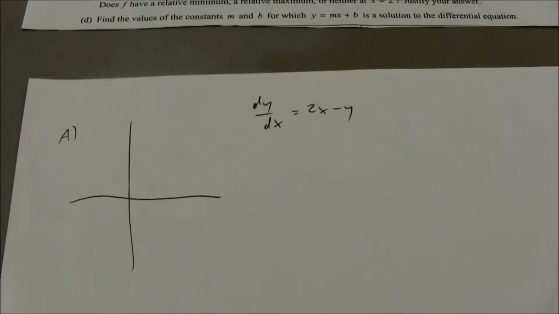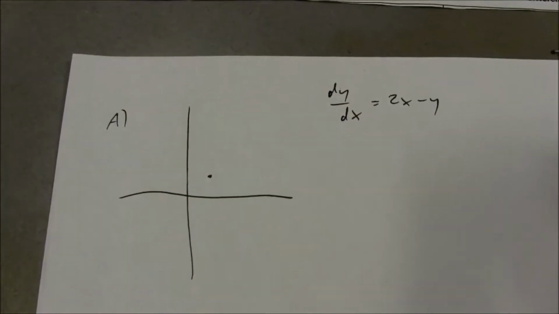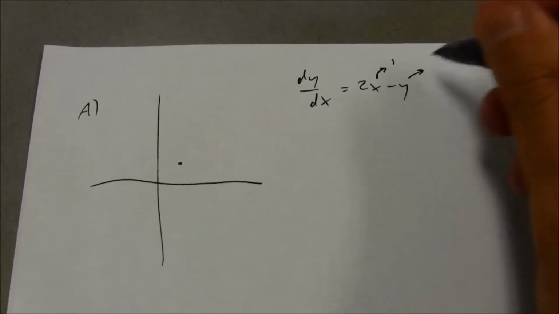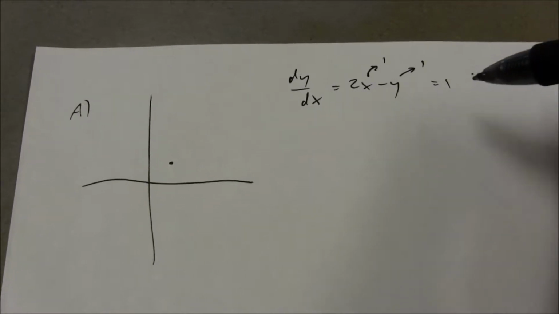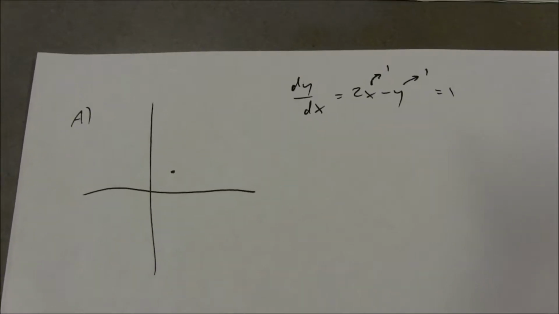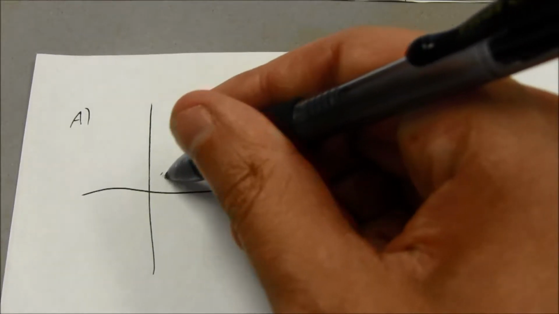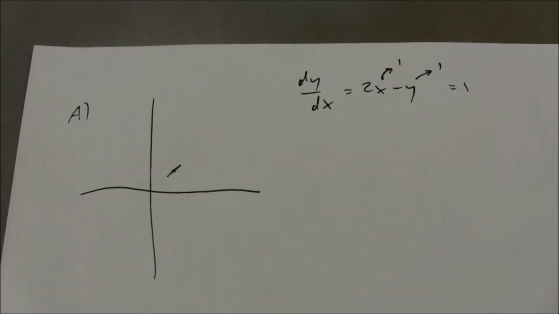At a particular point, for example (1, 1), x is 1, y is 1, I can substitute x and y in. I get 2 - 1 = 1. dy/dx is a slope, so you make a little tick mark there with a slope of approximately 1, and that represents how the graph would bend if it passed through that particular point.